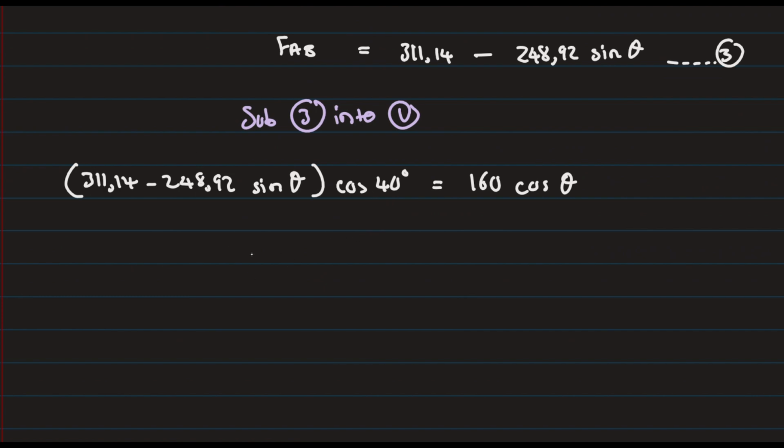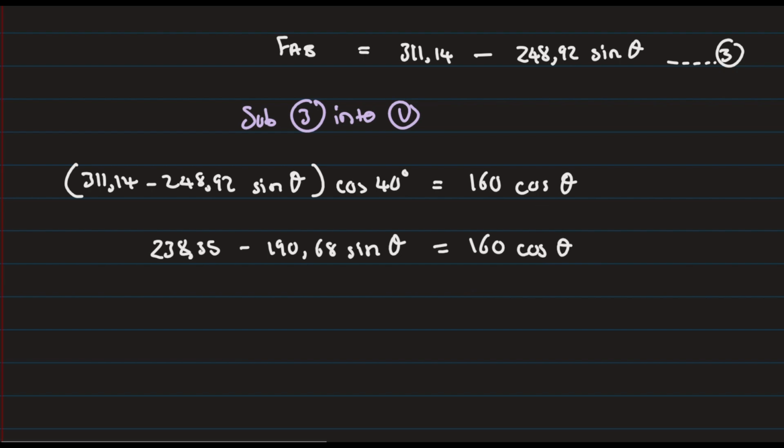Now we have to multiply out on the left hand side. So cos 40 multiplied by 311.14 should give you 238.35, minus cosine of 40 multiplied by 248.92, which should give you 190.68, sine of theta is equal to 160 cosine of theta.